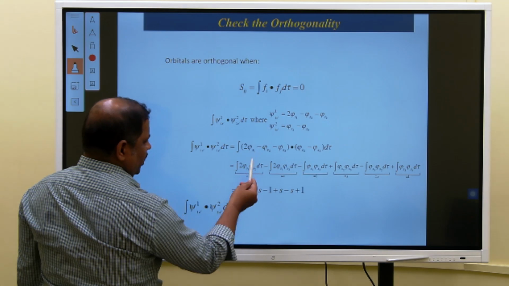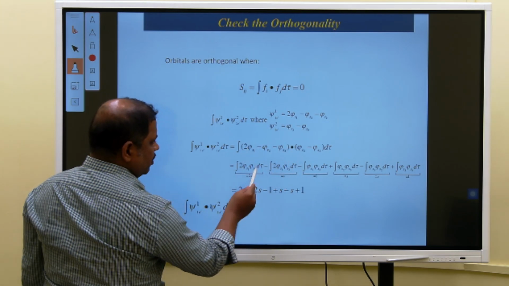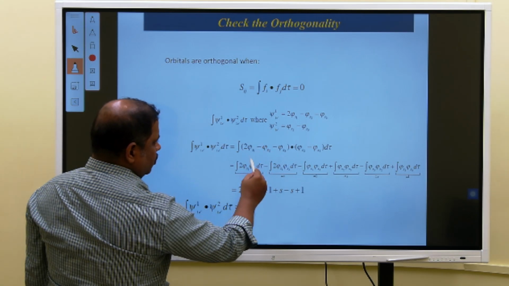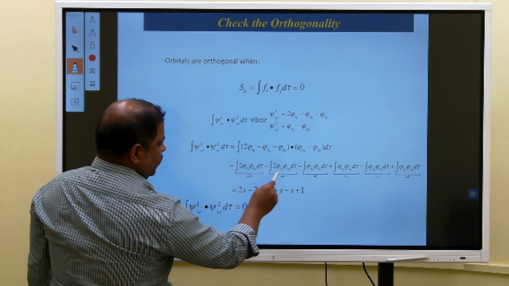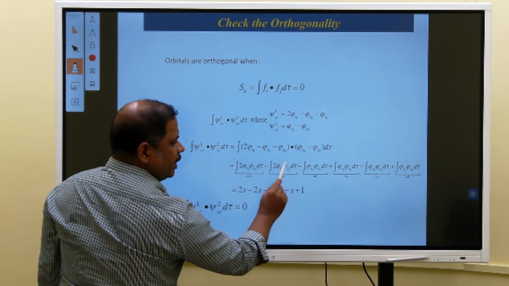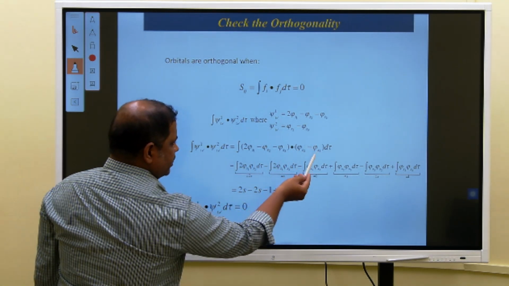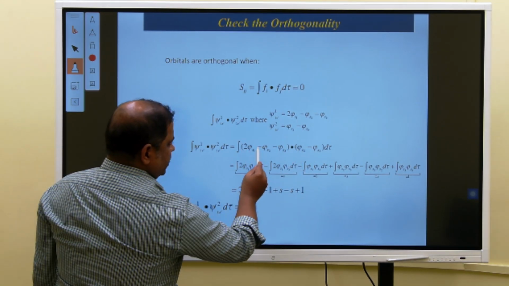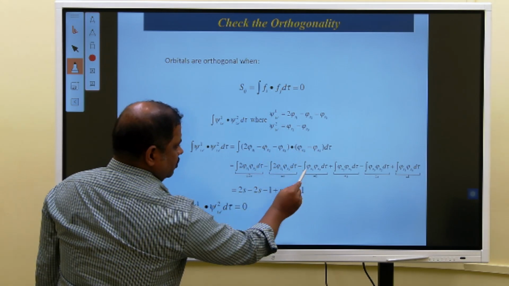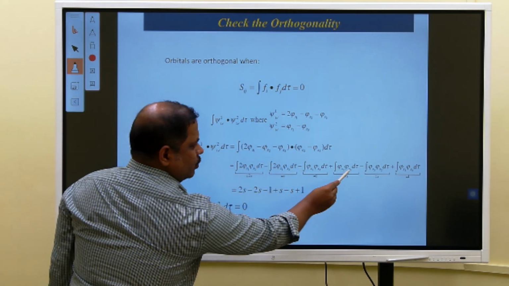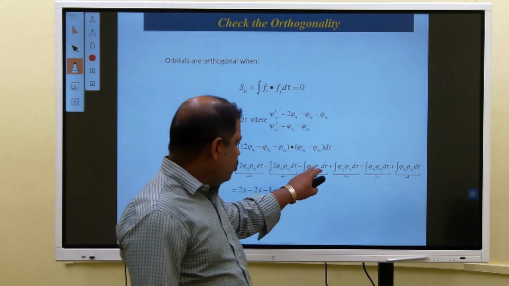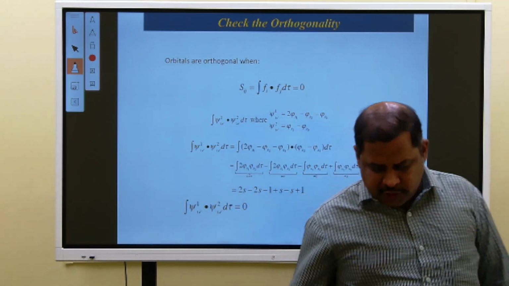2 psi S1, then S2 d tau, minus 2 psi S1 psi S3 d tau. Next, minus S2 S2, then S2 S3, S3 S3 and so on. If two identical terms operate on each other, the answer will be 1.